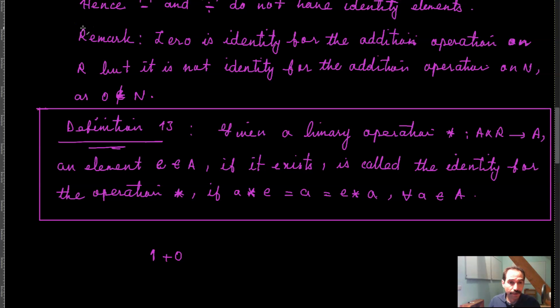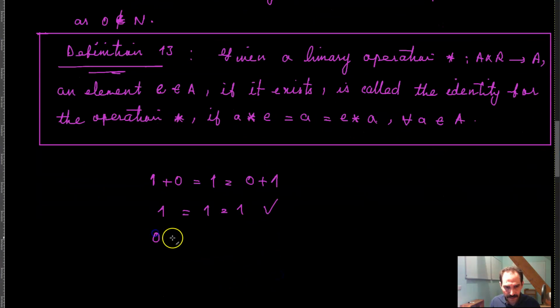To understand this statement, you know that 1 plus 0 is equal to 1 is equal to 0 plus 1, right? So that means 1 is equal to 1 is equal to 1, and this statement is true. But the problem is that 0 does not belong to N in the first place.